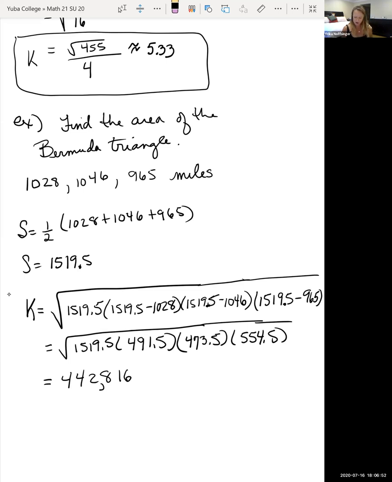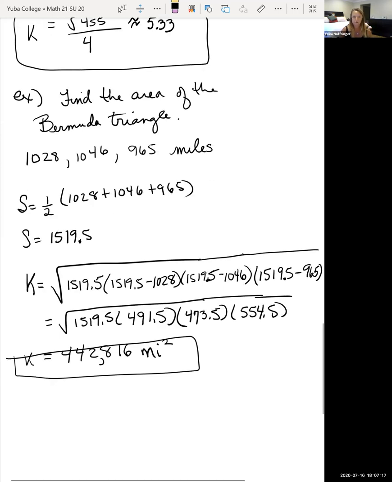So that's 442,816 square miles. Any questions on that?